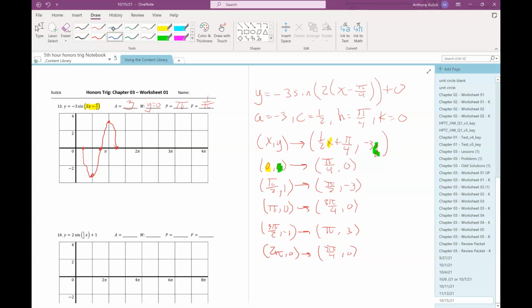And then I'm just going to extend this by continuing the pattern. So down to a minimum, back to midline, maximum, midline, minimum, midline, maximum, midline, minimum, midline, maximum. And doing the same thing over here.